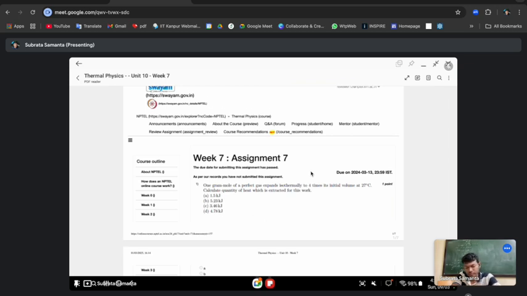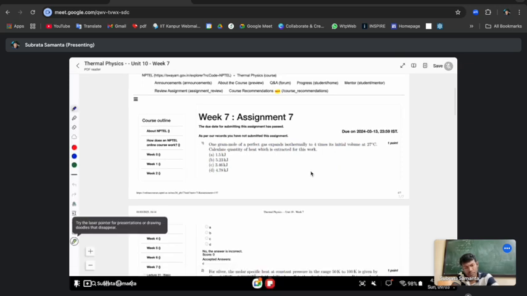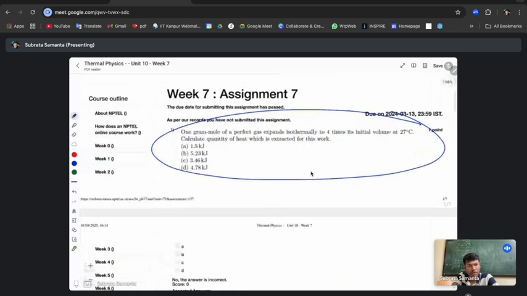So I will start the session by solving these assignment 7 problems one by one. In the first problem, 1 gram mole of perfect gas.